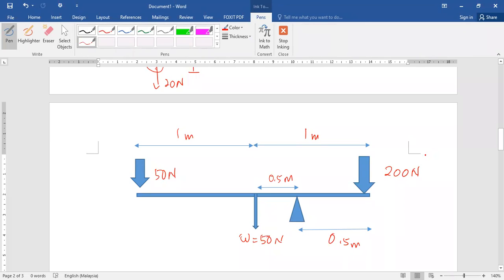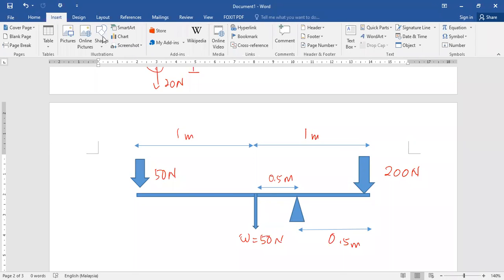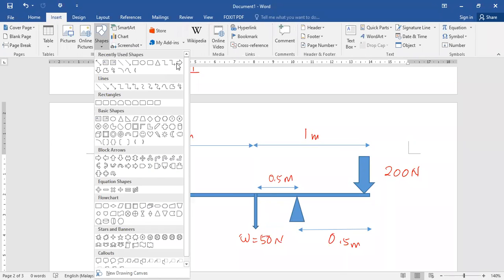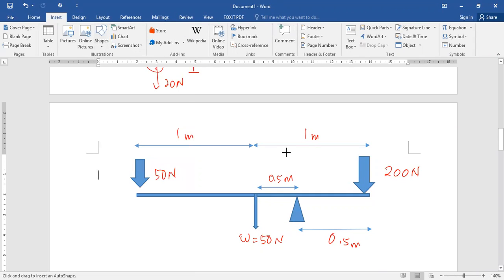According to the question, it wants us to find the normal reaction. That means that the normal reaction will act on the pivot. Okay, on the pivot.